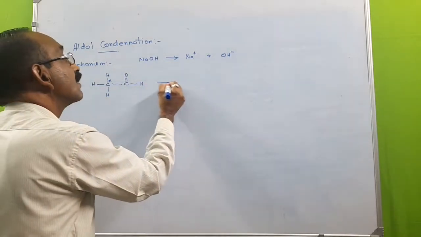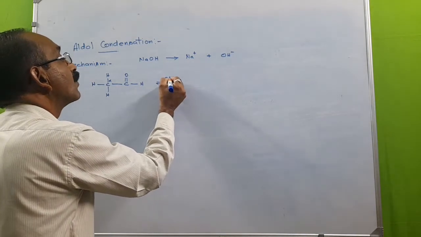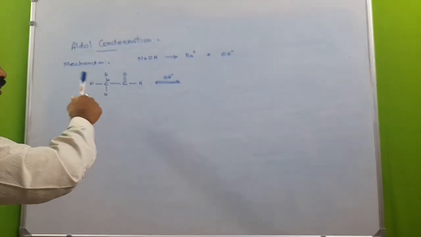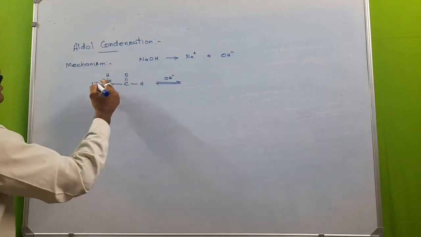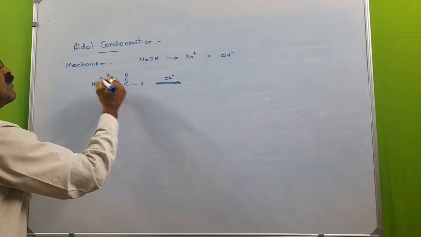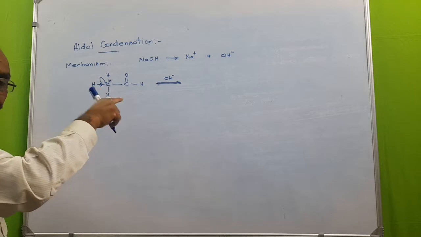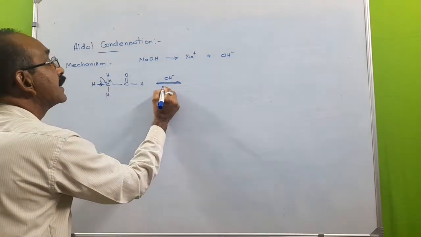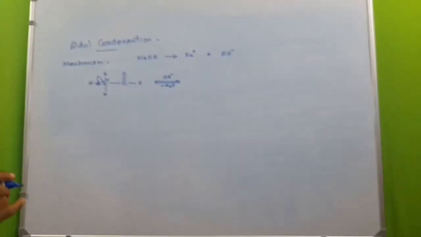Now, under the influence of the OH minus, as we know, these alpha hydrogens are acidic in nature. So the electron pair of this C-H bond shifted over the carbon. And this H will come out as H plus, will combine with the OH minus furnished by the alkali and sets free as water.